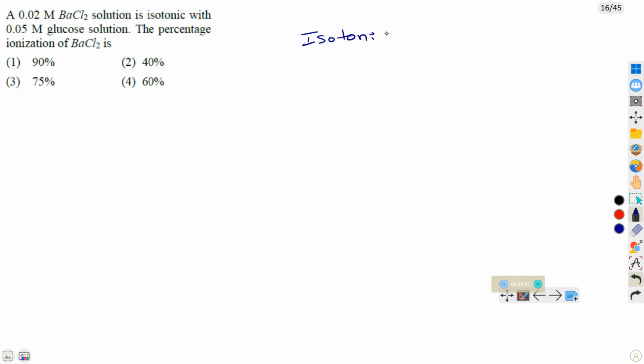Isotonic with 0.05 molar glucose solution. The percentage of ionization of BaCl2. For isotonic solutions, pi1 value is equal to pi2. That is, i C1 RT is equal to i C2 RT. RT gets cancelled. i for BaCl2 is what we need, the percentage of ionization.